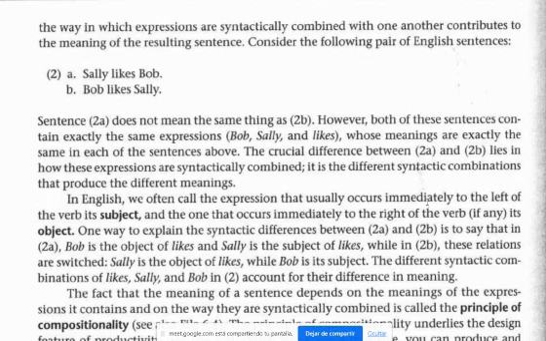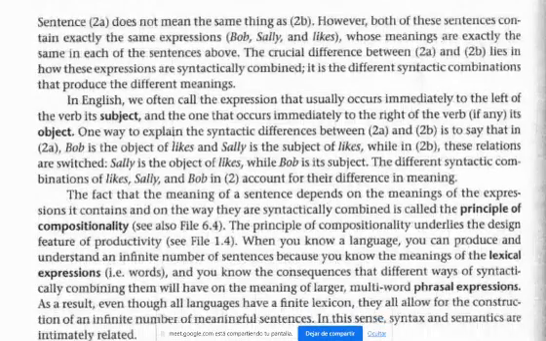And then, what we said about syntactic properties, we are going to talk about in the next paragraph. Go ahead. In English, we often call the expression that usually occurs immediately to the left of the verb its subject, and the one that occurs immediately to the right of the verb, if any, its object.